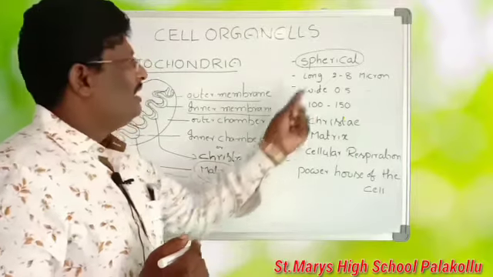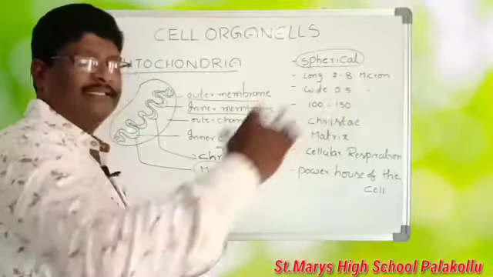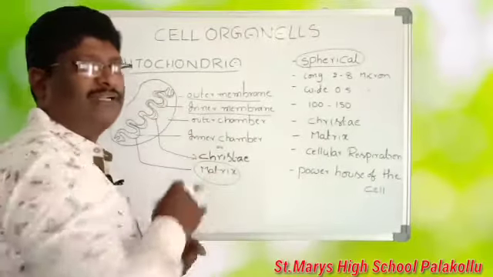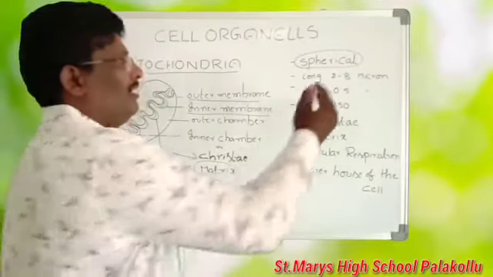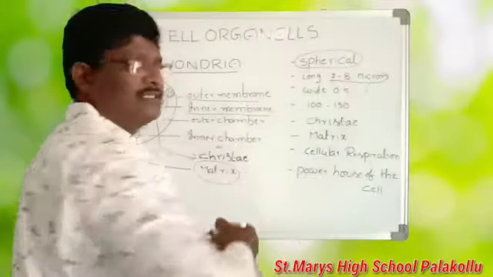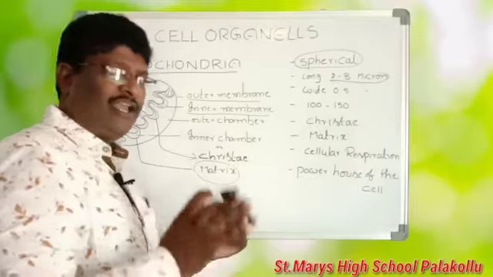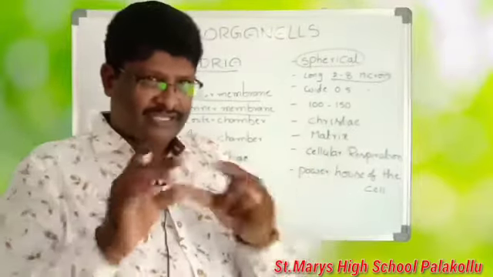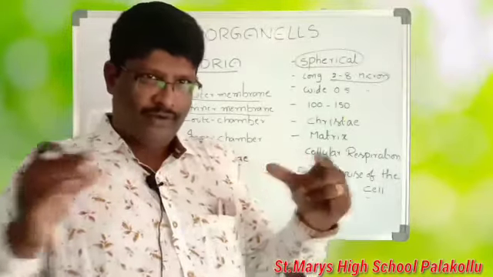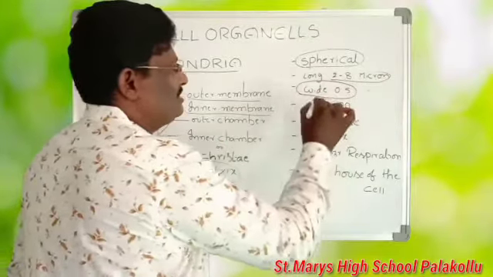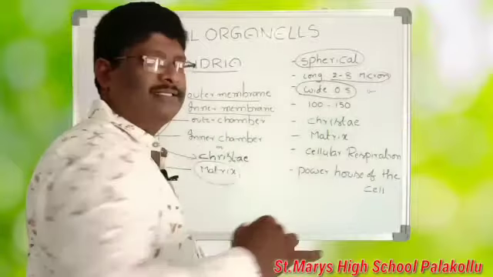What is the length of this mitochondria? 2 to 8 microns. If you see the width, that is 0.5 microns.